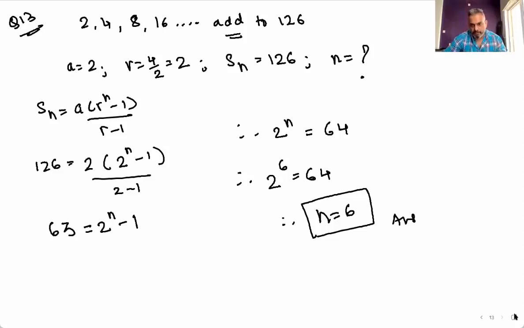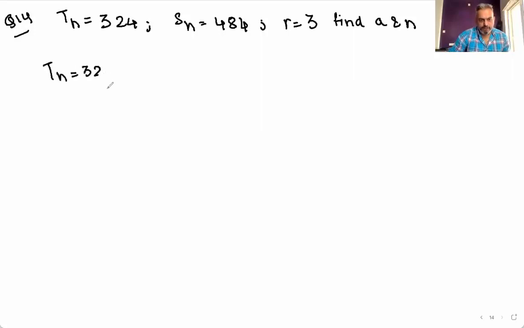Question number 14. No, it is a little tricky, pay attention please. If for a GP, Tn is equal to 324, Sn is equal to 484, R is equal to 3, find A and N. Now, Tn is equal to 324.